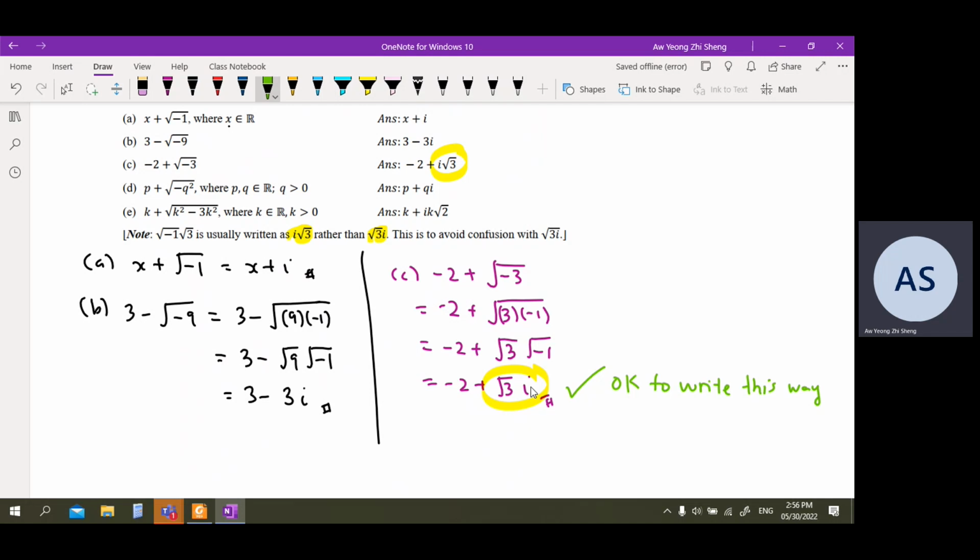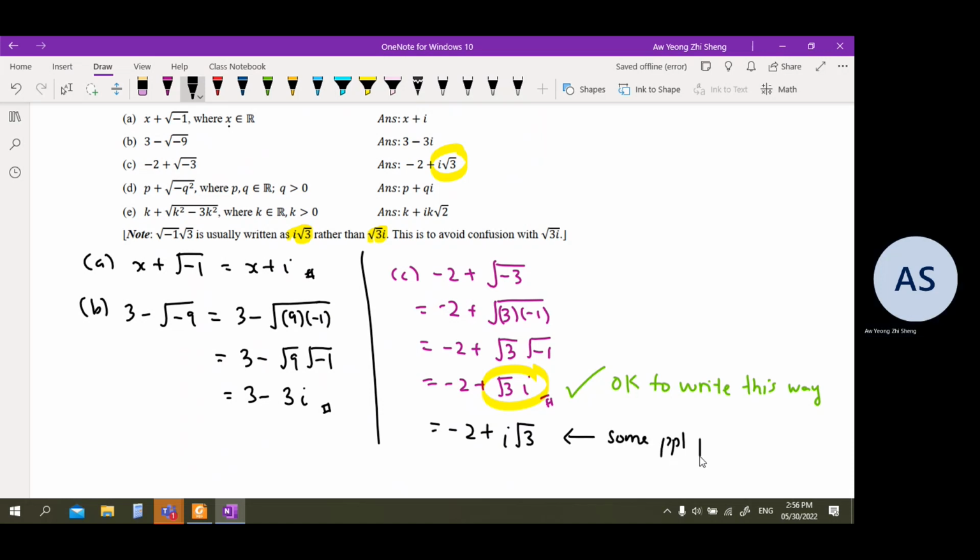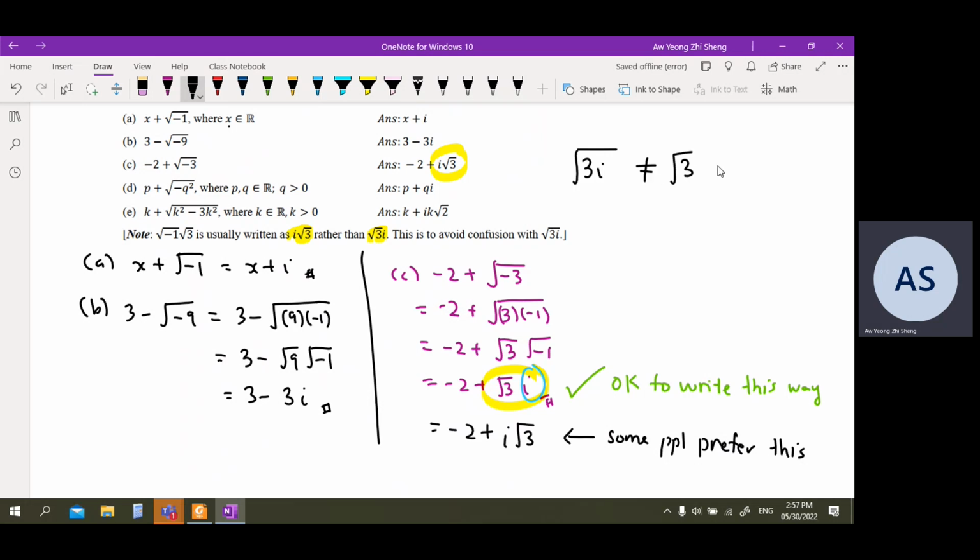For some people, they just prefer to write the i in front of the surd 3 to avoid confusion, and some people prefer to write it this way. But it's not a must to write the i in front. It is perfectly fine to write the i at the back, as long as it is very clear that your i is not contained in the square root. Surd 3 i is not the same as surd 3 times i.